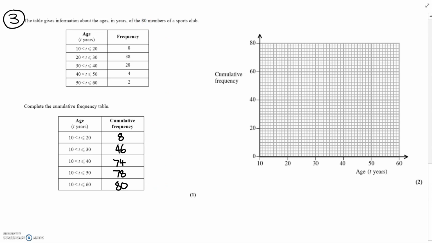And then I plot my graph, my cumulative frequency graph. I plot the upper class limit, so these values, I plot them one by one against these values.